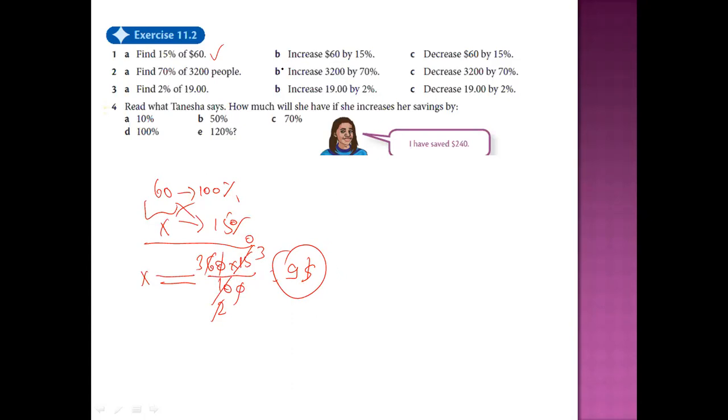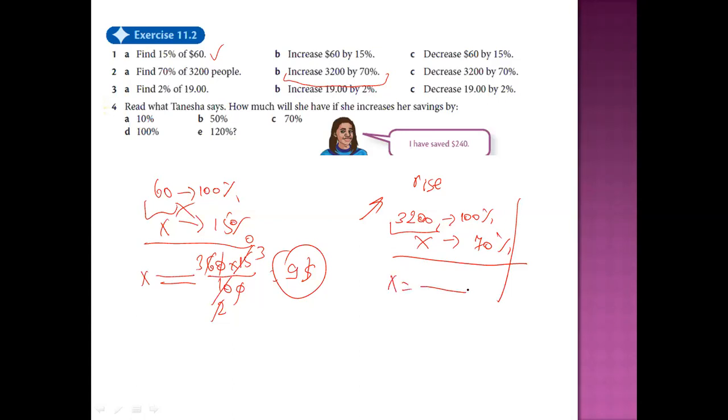And the next question, for example, increase. Another way to say it is rise or increase, with the same meaning. If it's increased by 70%, the original value is 3,200, which is 100% because it's the original value, and we need 70% of this number.